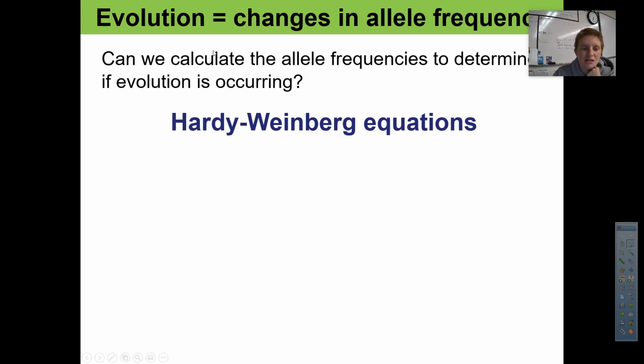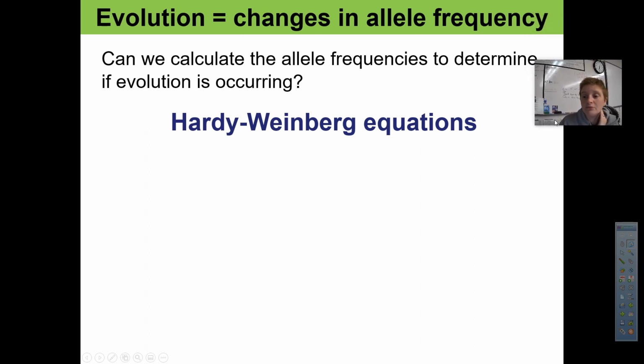So evolution, especially in this case, since we're going to talk a lot about microevolution today, is any change in allele frequency. And so if we want to know if a population has changed or evolved, we have to determine whether the frequency has changed. And so the question becomes, can we calculate that frequency? Of course we can.